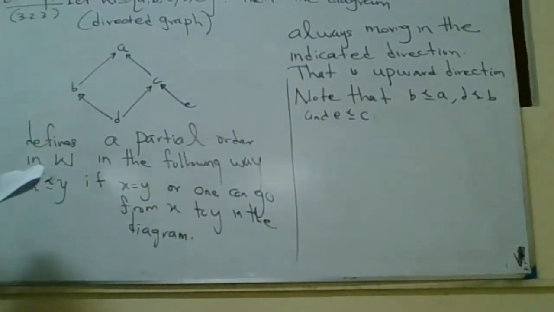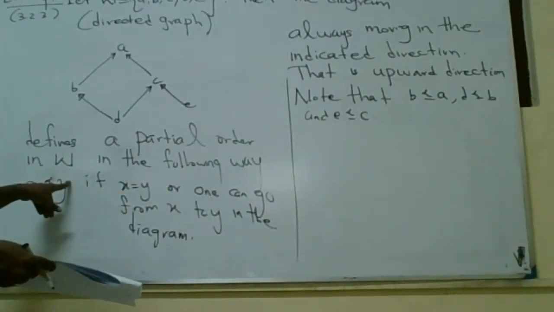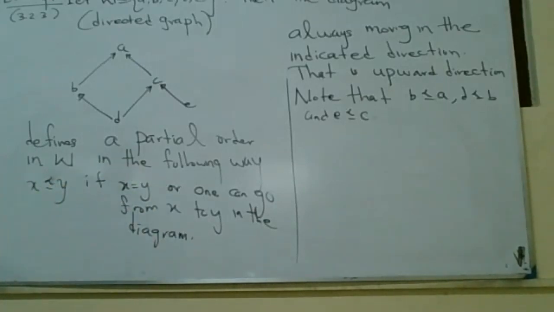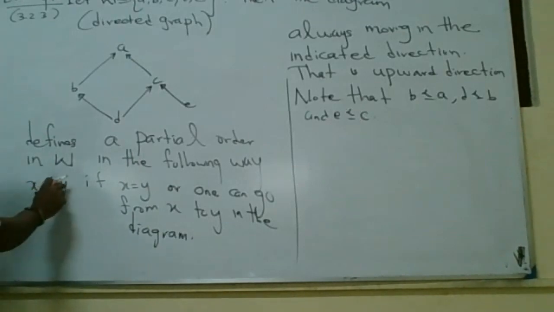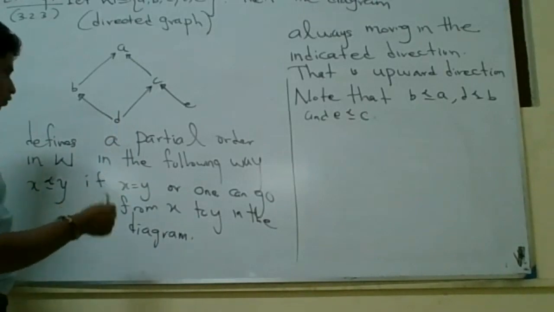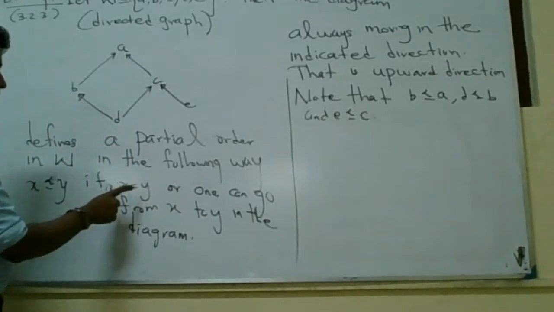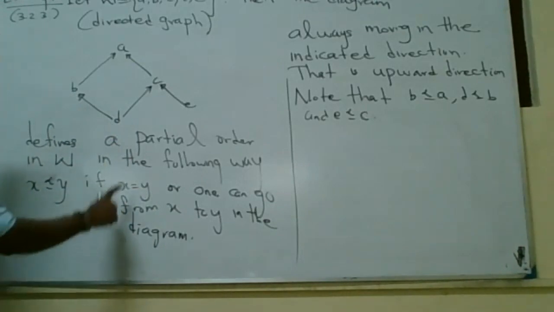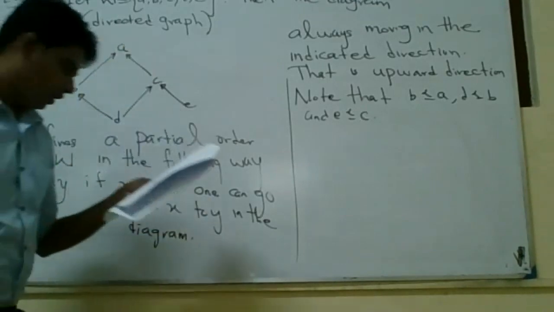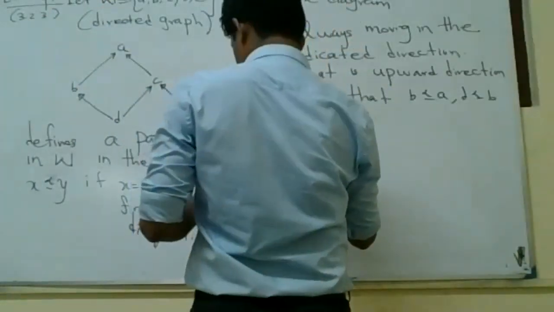Reflexive, okay, because suppose X precedes Y means either X equals Y or one can go from X to Y. Therefore reflexive is okay, because D precedes D means D equals D. Similarly B precedes B means B equals B. Similarly for A, C and E. Therefore we clearly have reflexive.